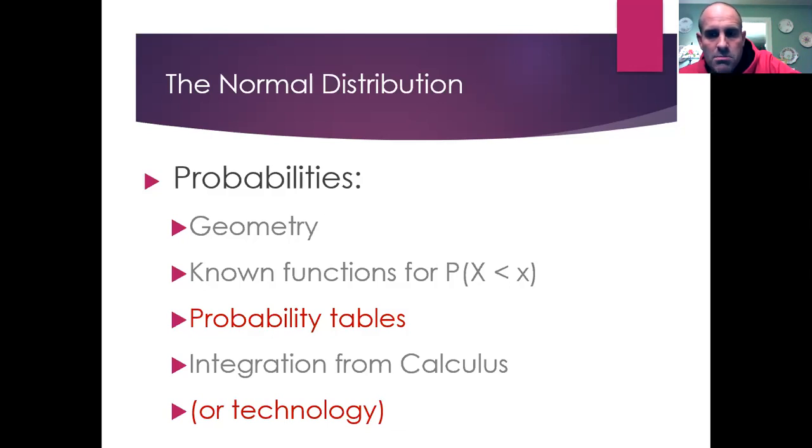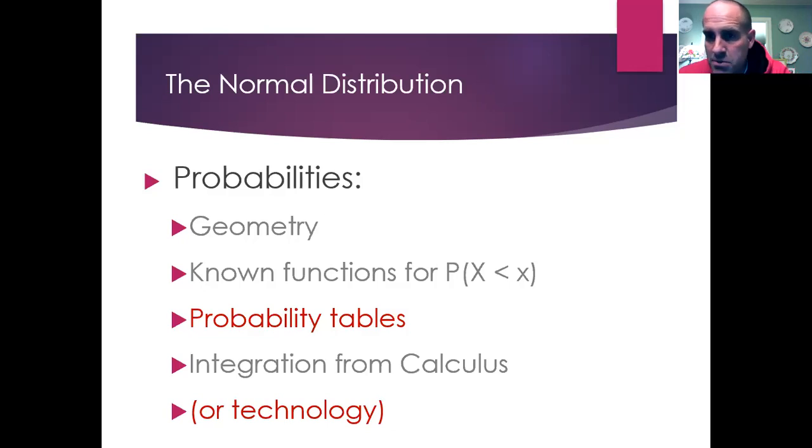Geometry is still an option here, but only in the sense that you can just use symmetry, the symmetry that's intrinsic to the bell-shaped curve. And there are some obvious things about that graph. For instance, what's the probability of being below the mean? Well, 50%, 0.5.